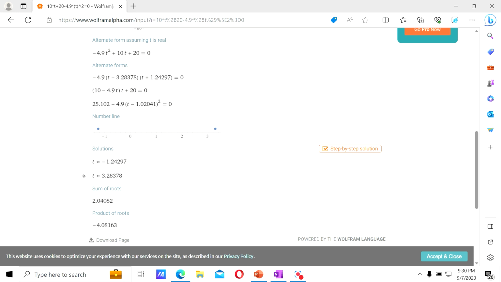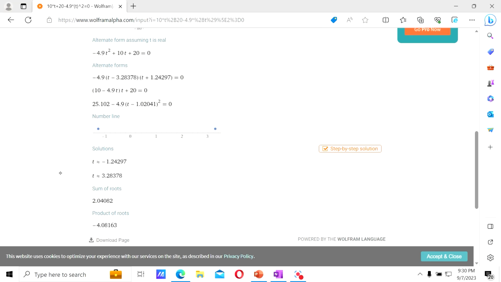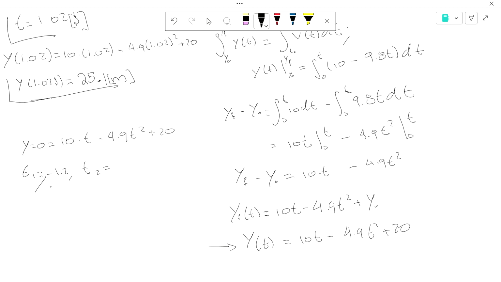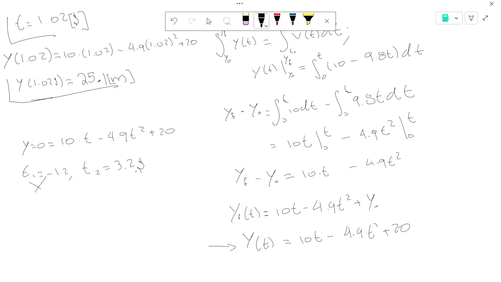It's not going to go back in time. So we have 3.2 seconds. So negative 1.2 is not the one, it is 3.2 seconds. All right, so the time when it hits the ground is 3.2 seconds. That is the time that we need to use.